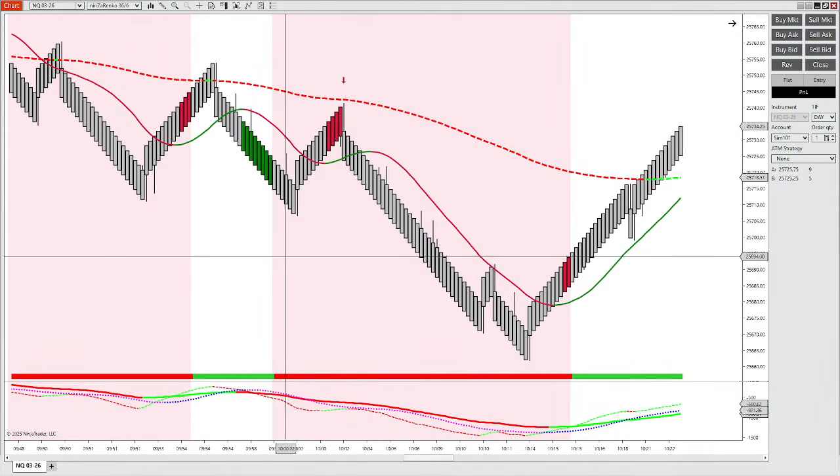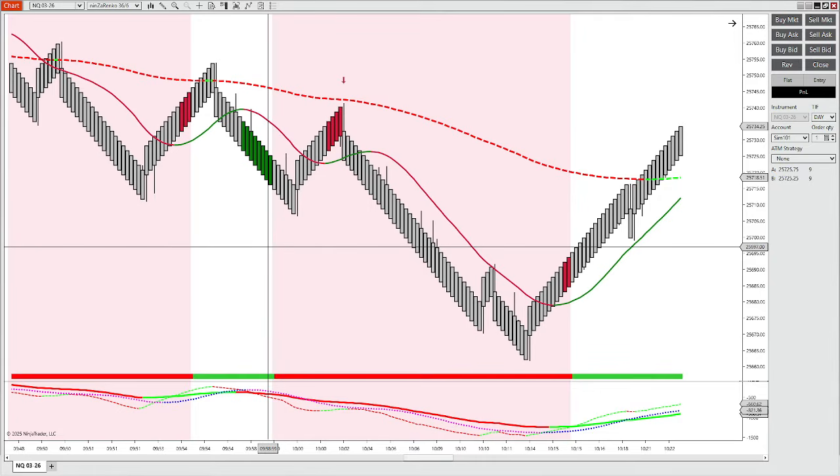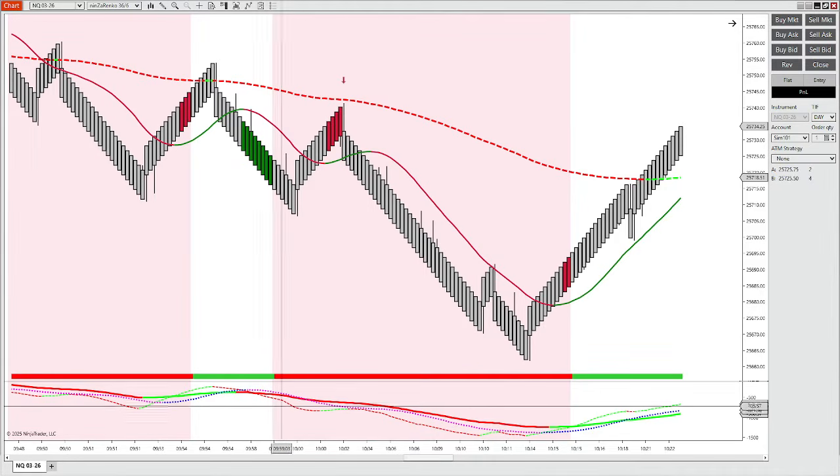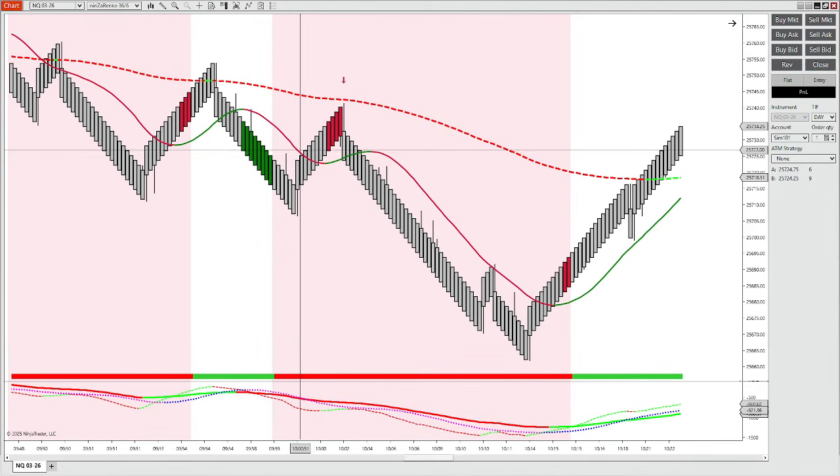Okay, let's migrate over into reverse mullets with cumulative delta alignment. All right, we see here that I don't have the jiggle activated, but red downtrend, close above this.